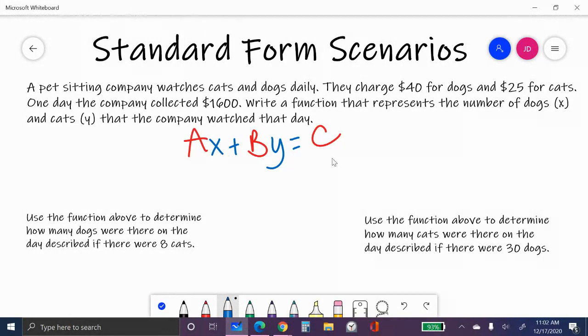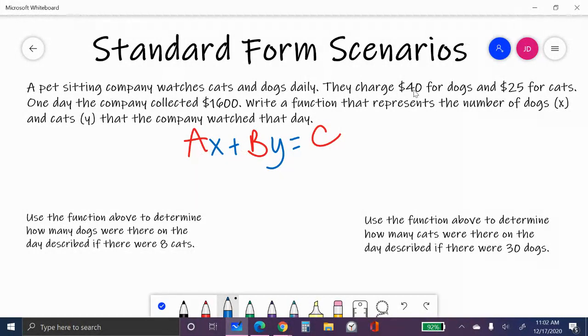So that's a standard form equation as opposed to slope-intercept. A standard form equation still has x and y in the equation, as does slope-intercept, but just looks a little bit different and can be a little bit easier in different scenarios. All right, so the A, B, and C are usually numbers in that standard form scenario.